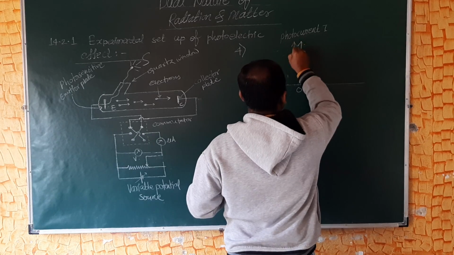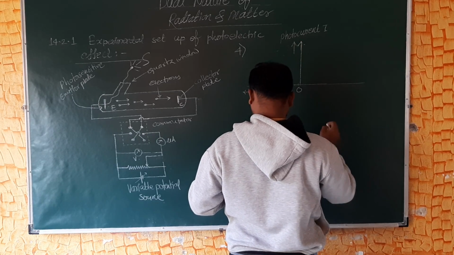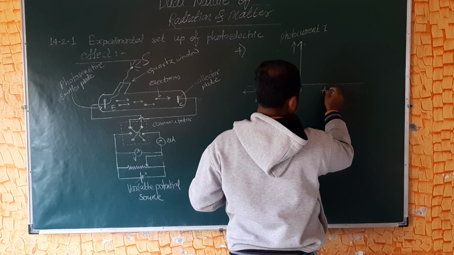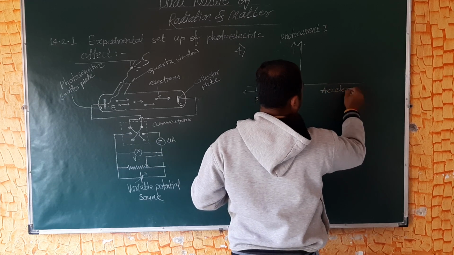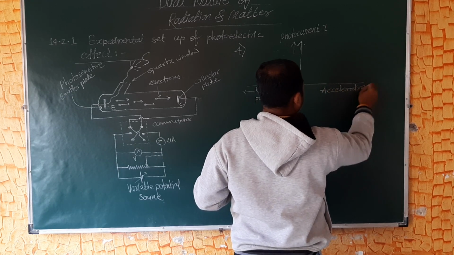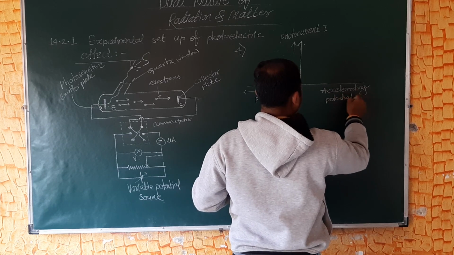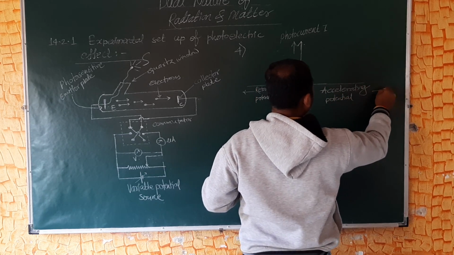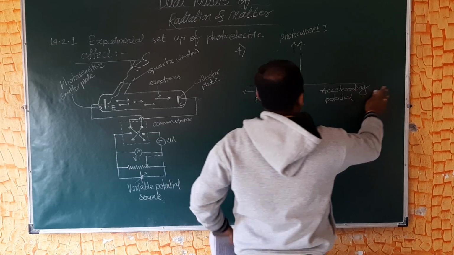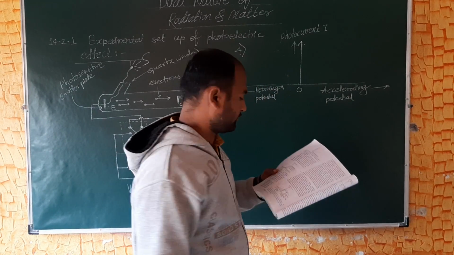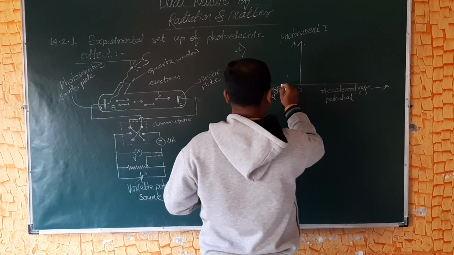So it is photocurrent I. Here the accelerating potential, retarding potential and accelerating potential. So here photocurrent versus minus V naught.